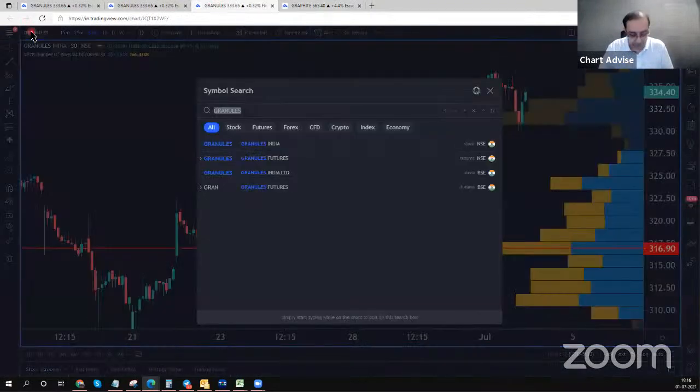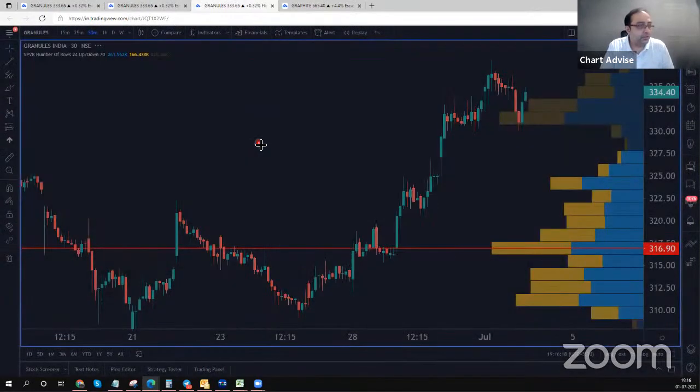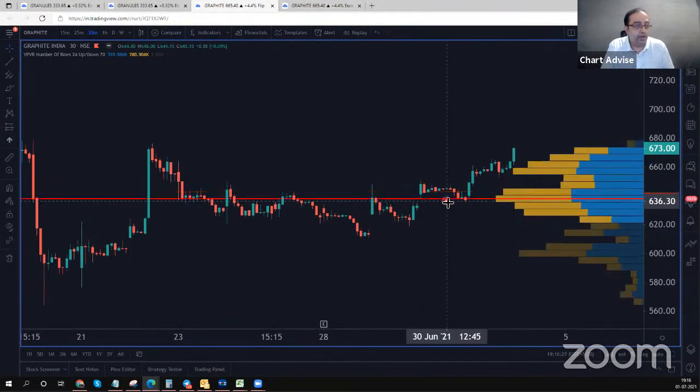Okay, so let's take a look again at Graphite based on the volume profile. You can see here that out here there was some build up, right? And now what has happened is there is some steady build up happening in the charts of Graphite. This is a 30-minute chart. This was the point of control, which was around 638, where the price spent some time.